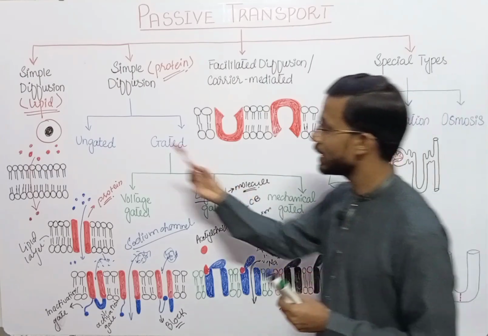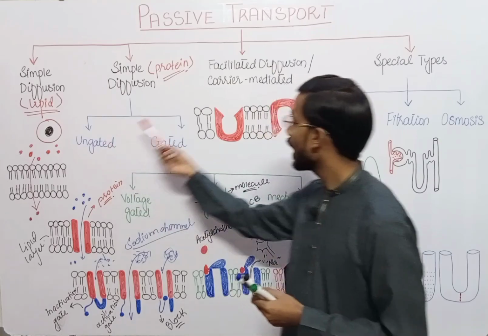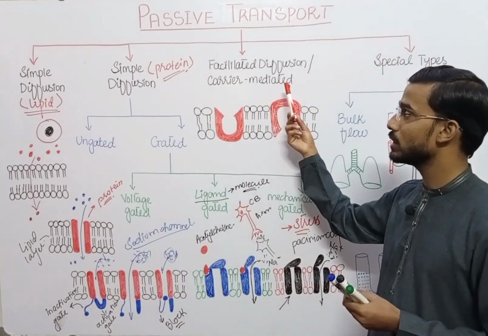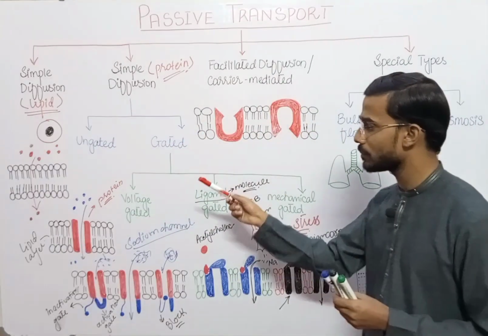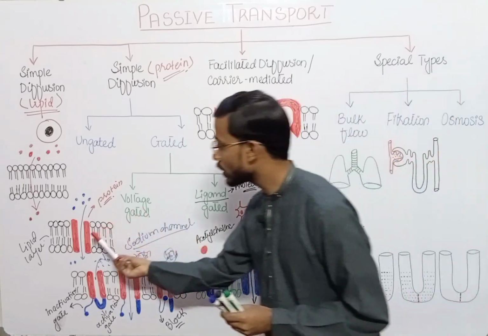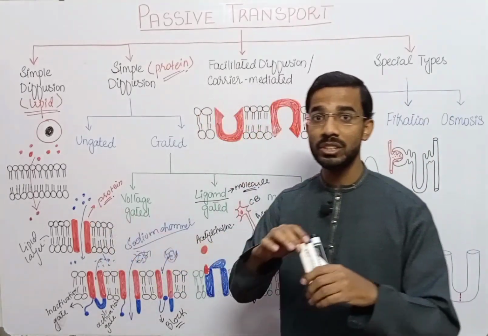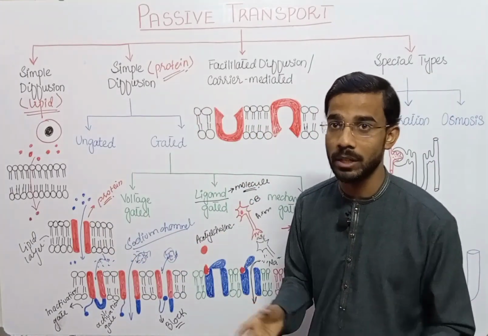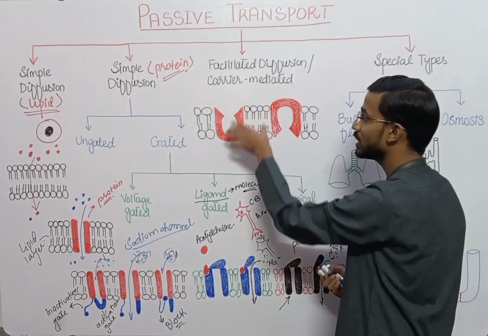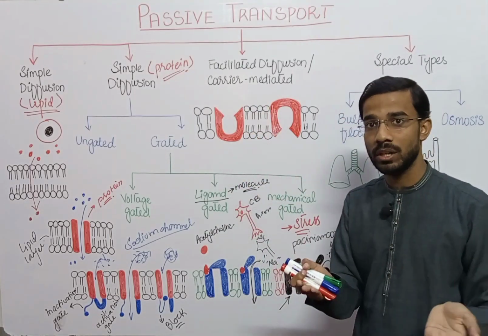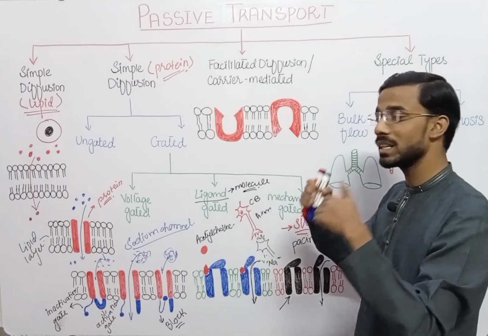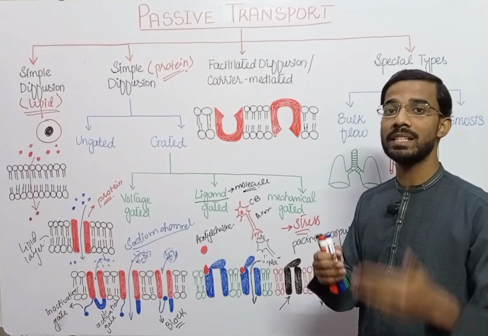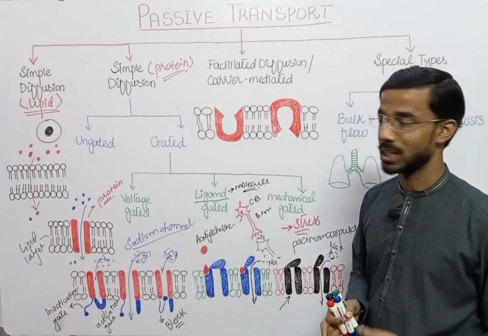Does that mean the ungated channel and the carrier protein are the same? No. In channel proteins there is no change in the structure, but in facilitated diffusion there is a change in structure, and by changing its structure, the molecule can easily move across the plasma membrane.